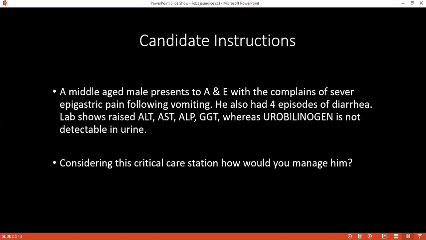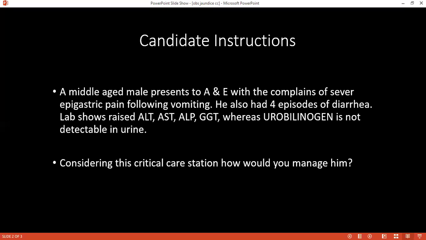So its increase gives us a clue that it is obstructive, from the bile duct itself. Okay, we can consider that.